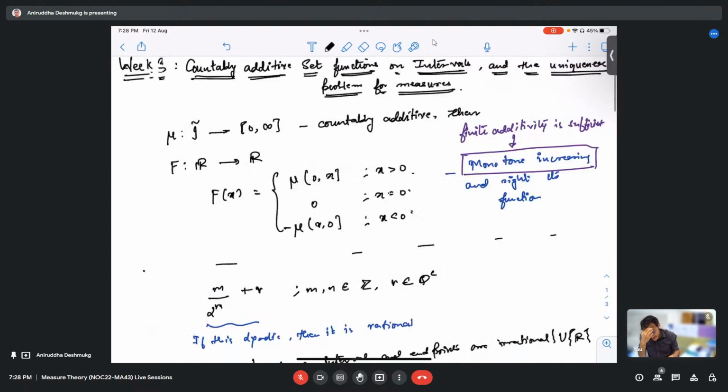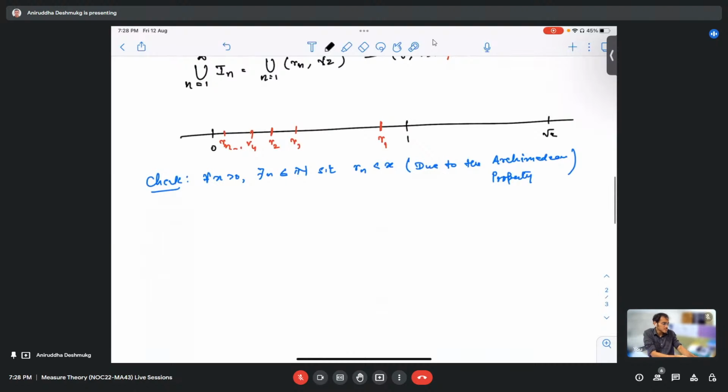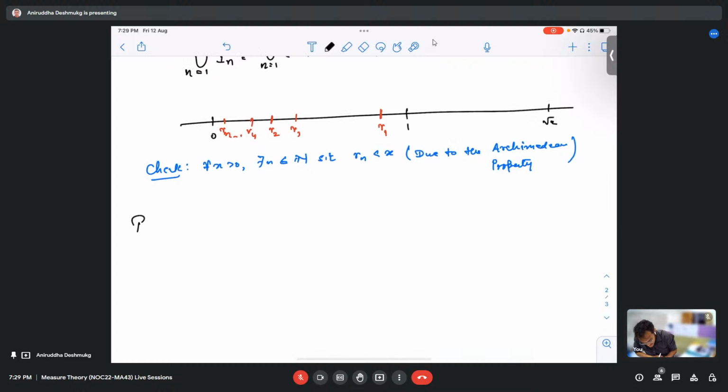Before we do anything else, let us go to one thing that was left in class as an exercise. I want to know whether you have tried it or not. We saw a result that characterized countable additivity whenever the set function was totally finite.